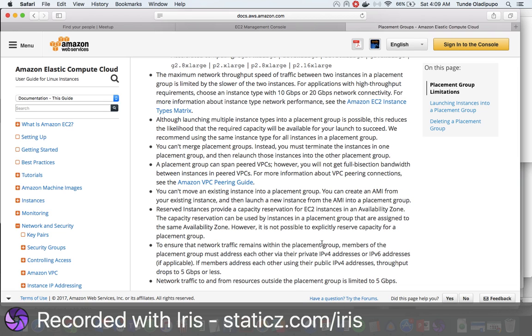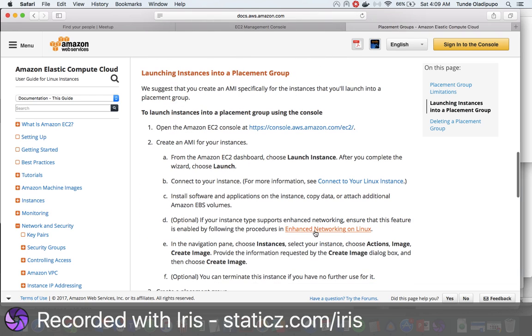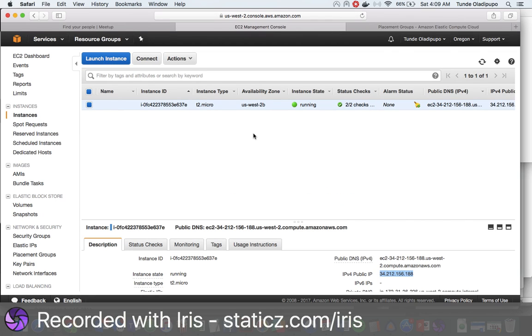And also, if you have two different placement groups, you cannot combine them together, even if they are of the same type. What you can do is terminate the instances in one and launch new ones into the other placement group.